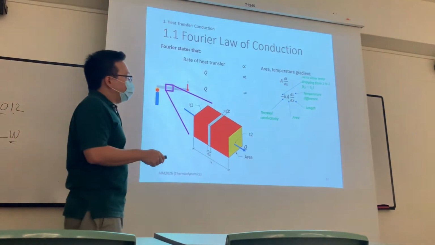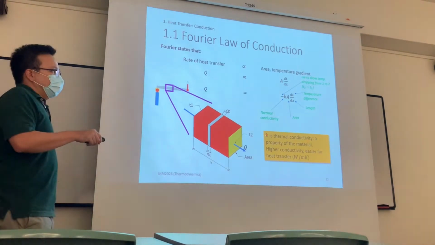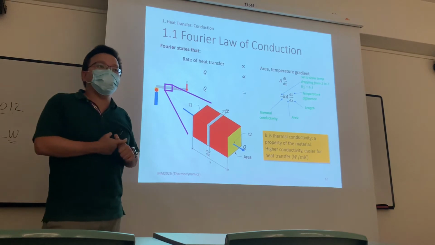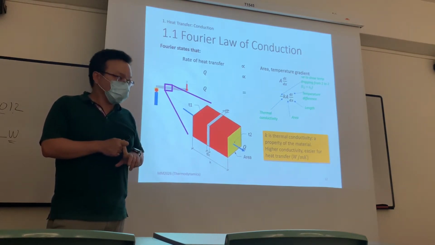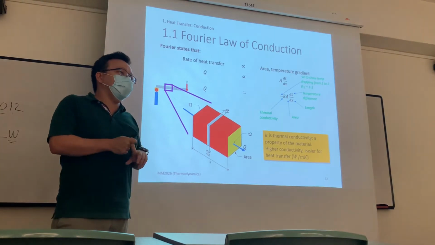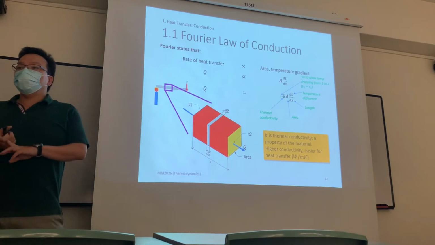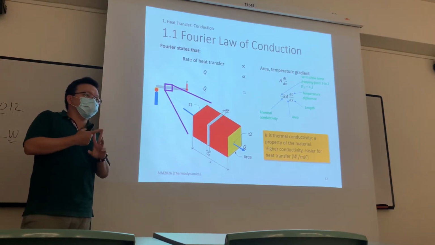So if thermal conductivity is high, does it mean it's a conductor or insulator? Conductor. Higher K means easier for heat to transfer. If K is low, it's an insulator. All this part must be crystal clear.